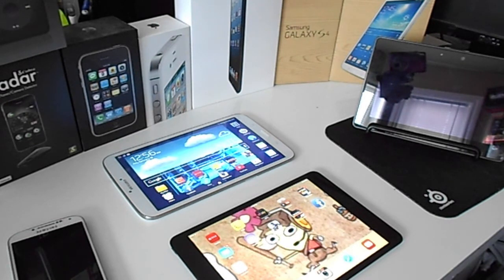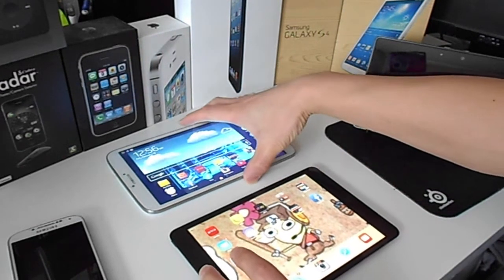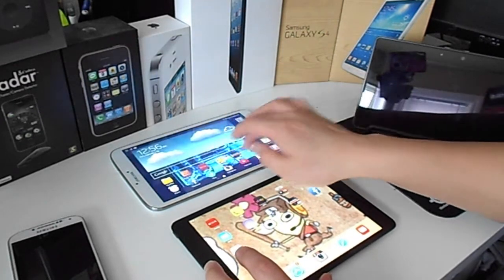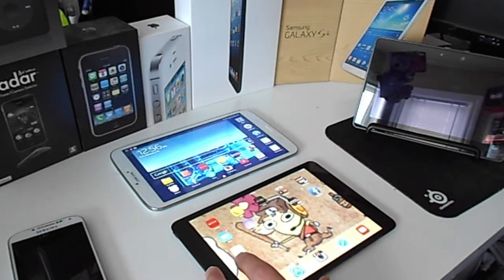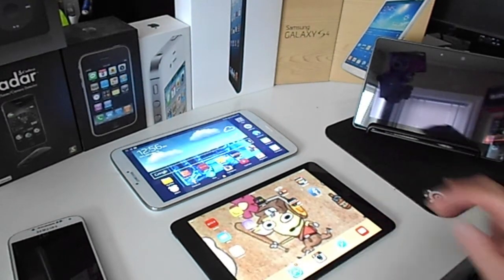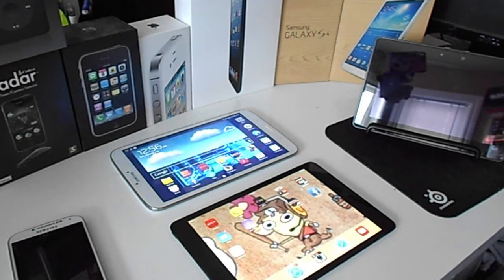Now, on paper, you can definitely say that the Samsung beats it in processing and tasks in general. But keep in mind that for these tablets, a lot of it depends on the OS, and we know that Apple has focused a lot of time and energy over the years to provide a very good operating system for their devices.